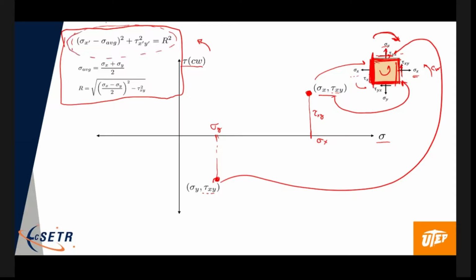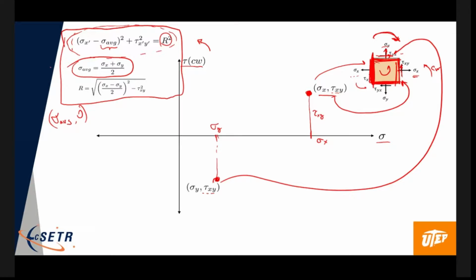All right. Now let's go back and look at this equation. This is the equation of the circle. And as I said before, this corresponds to a circle with this radius and is at the center point, sigma average, 0. That's the center point. Okay, so what's sigma average? Sigma average is the normal stress in the X direction plus the normal stress in the Y direction over 2.